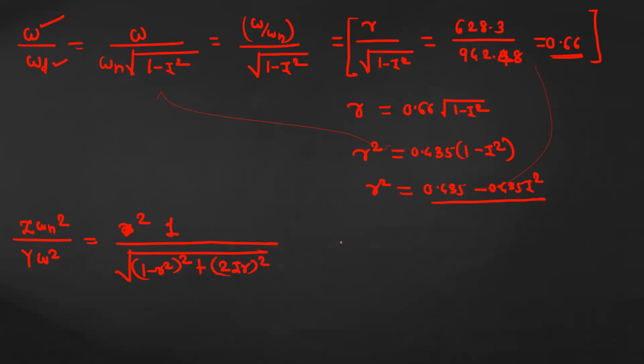Okay. Now put the value of z omega n square. So this is equal to 9.5 and y omega square, this is equal to 9.81. Now just simplify this equation and write the equation in terms of r square and zeta. And then replace the r square by this complete value.